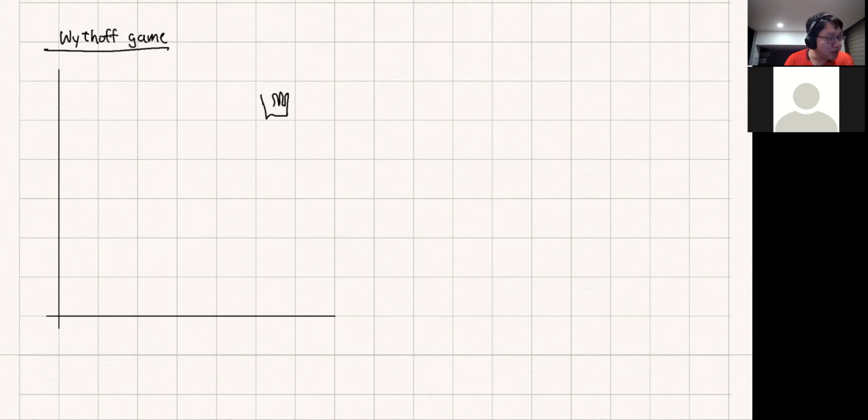So imagine that this is a queen piece, and you have these lines going through here like that. You imagine this is a chessboard.